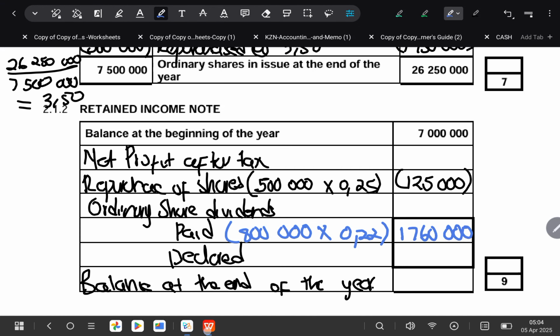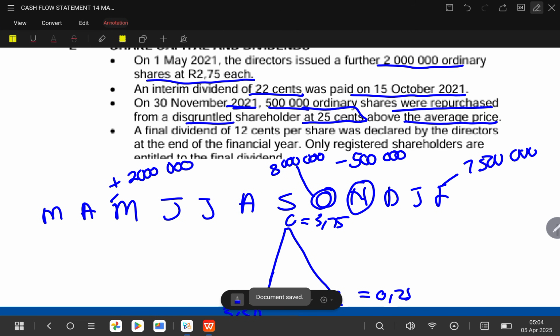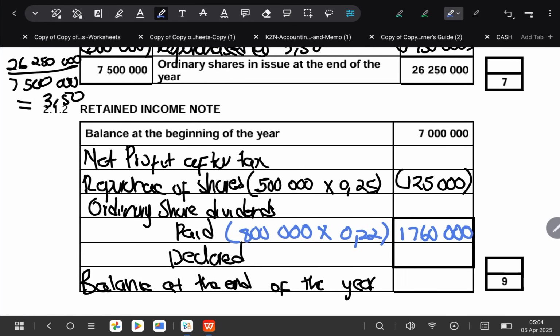1,760,000 here. Now let's hear what they are saying about declared shares. They are saying that a final dividend of 12 cents per share was declared by the directors, entitled to the final dividend. So how much was that dividend? It was 12 cents. Now let's check how many shares they had when they were declaring. They had 7,500,000, which means that 12 cents will be declared on 7,500,000 shares.